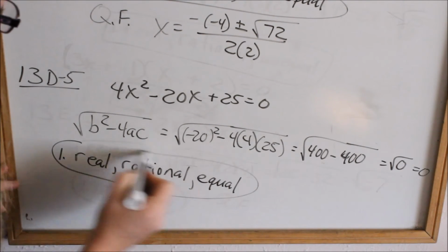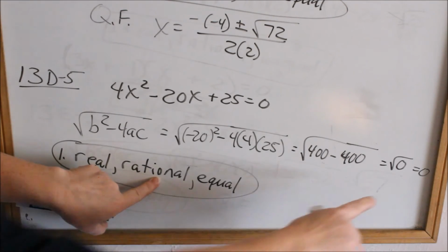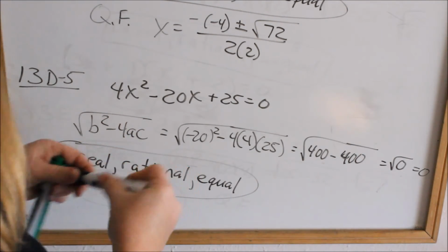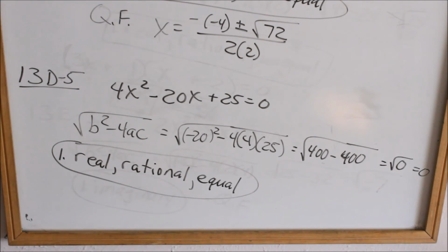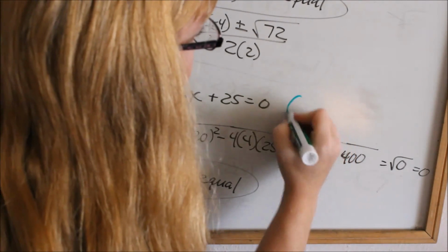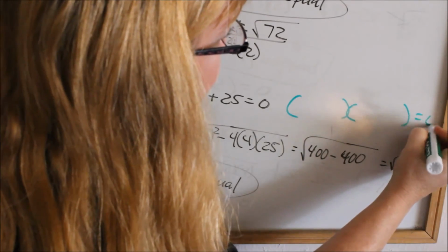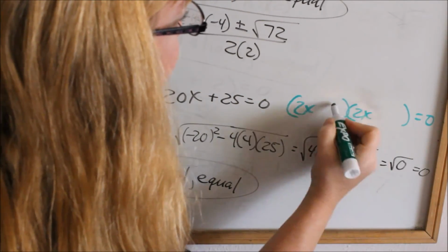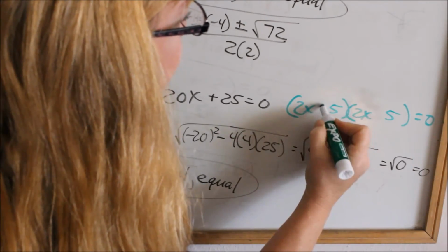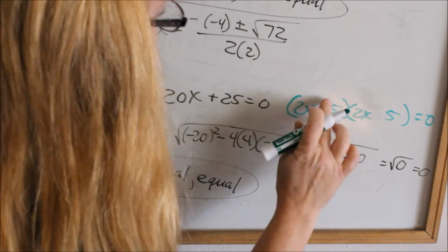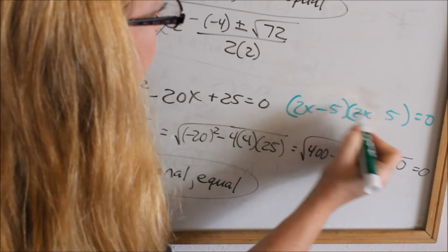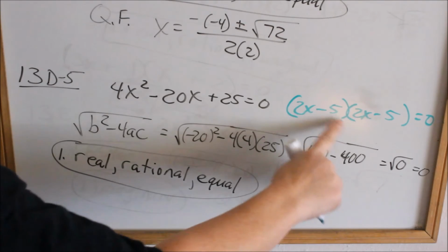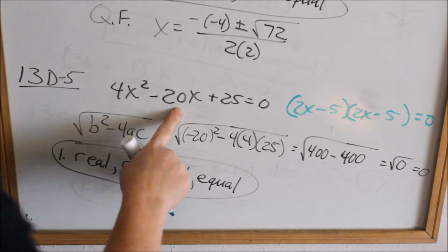And I'm going to factor this out. Remember, when you have a perfect square, this tells you that this equation will factor. Okay, so if we factor this, this will come out to 2x and 2x and 5 and 5, and they're both going to be minus, minus. Okay, that will give me a negative 10x, which means negative 20.